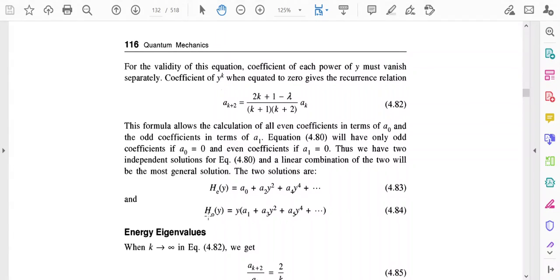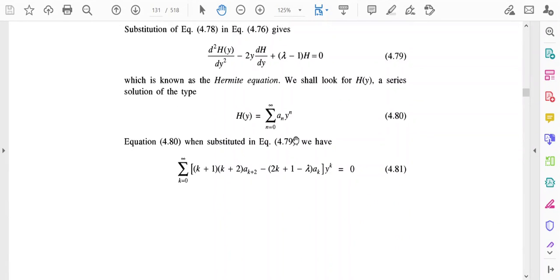Similarly, H0y, where o means odd. The odd solution can be expressed as y into a1 plus a3 y square plus a5 y to the power 4, in this fashion.